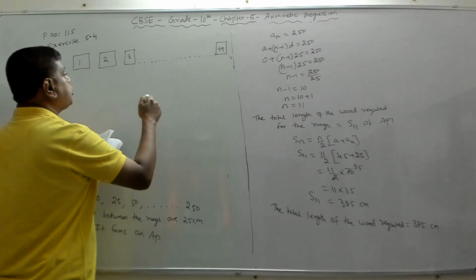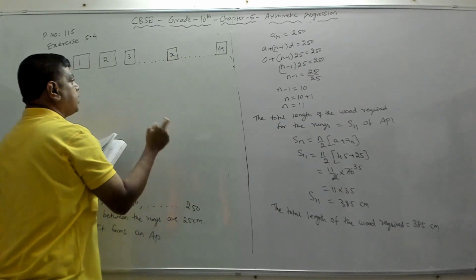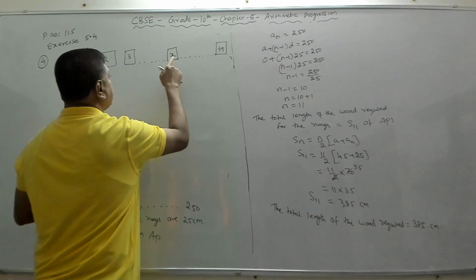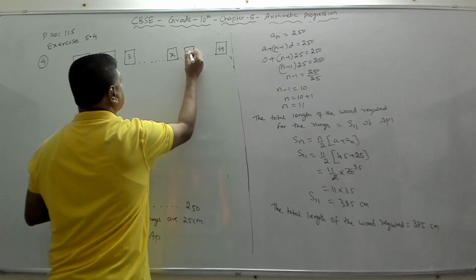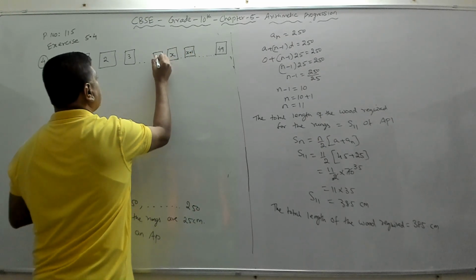Which means we should show that there is a house with number x such that, suppose this is x, the next house will be x plus 1, and the house before this house will be x minus 1.